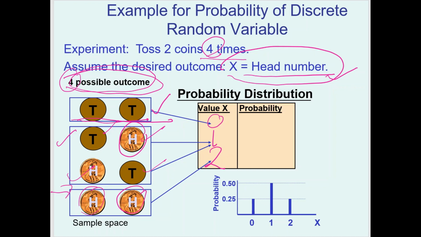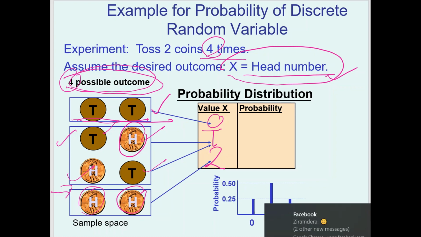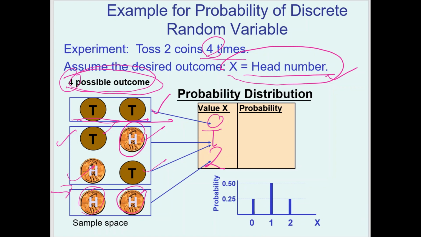I think we only found it at this first trial, because the other 3 have at least one head found in each possible outcome. So for the outcome of x equals 0, we have only 1 from 4.